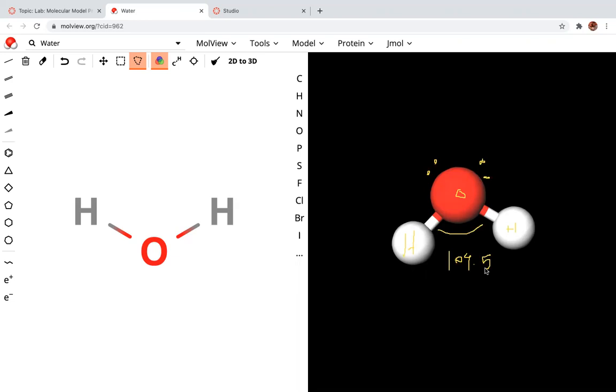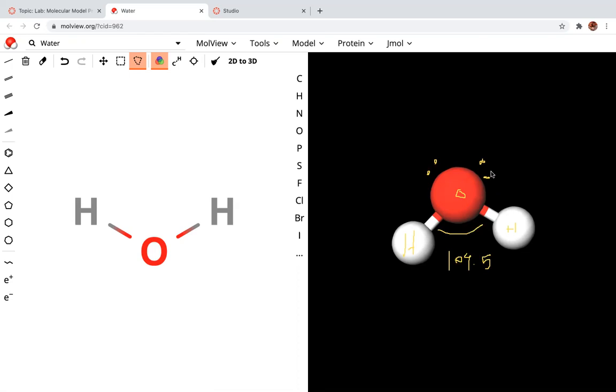And because it has four electron domains, we say its electron geometrical shape is tetrahedral. And for its molecular geometrical shape, we call it angular because it has two bonding and two non-bonding. So we call that angular or bent.